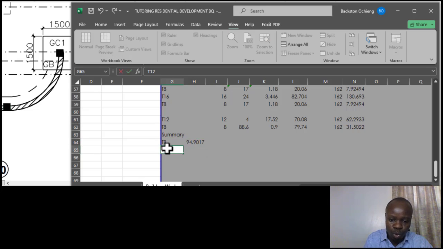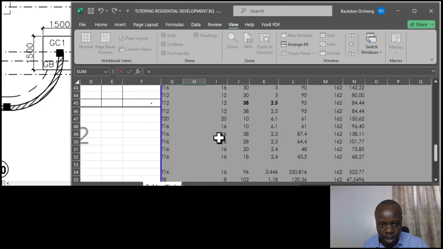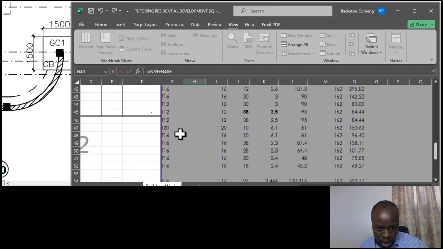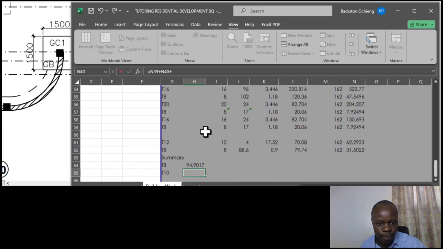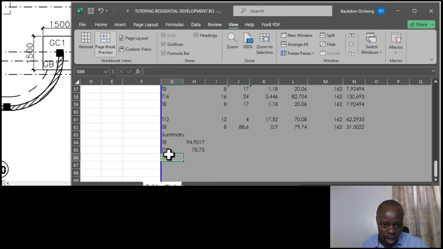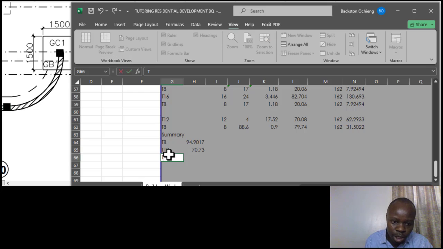Then we do T10. We do the same, equal sign, just be keen while following up on each of them one by one. So it's that first one, and then we add the second one. Moving on keenly, there are only those two. And then we go to T12.